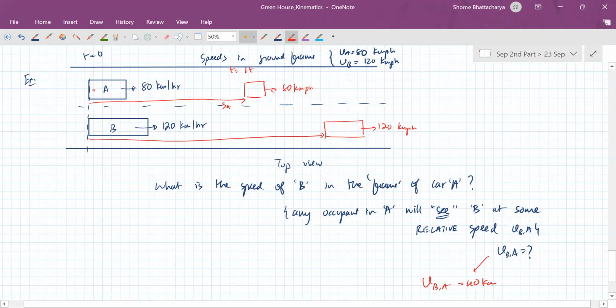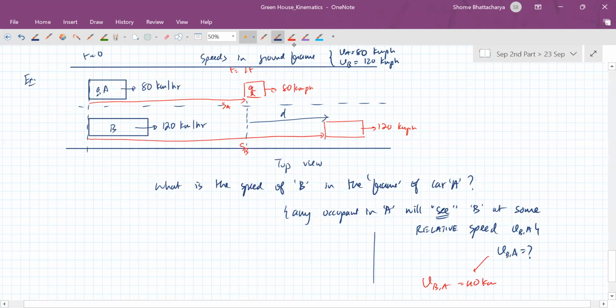So to the person sitting inside the car A, it looks like B has gone forward this much, no? So this will be the distance by which it seems to have gone forward.